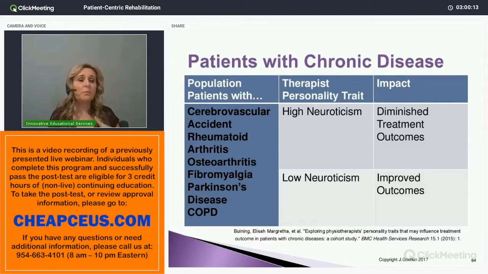Whereas the ones that were more approaching the patient from a coaching perspective, kind of looking at the issues and challenges that they face because of their history and incorporating this into the goals and considering the whole patient, not just that wrist, knee, ankle that's coming in, that also had low neuroticism values, were able to do that in a calm and focused manner, those patients had better outcomes from therapy.